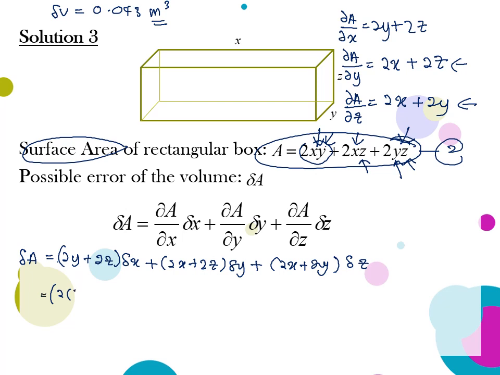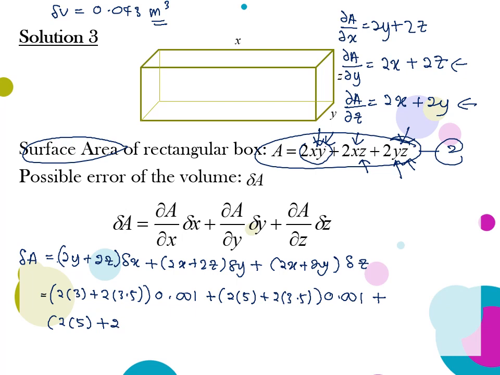2 times 3 plus 2 times z, 3.5, times delta y, which is 0.001, plus 2 times x, which is 5, plus 2 times z, 3.5, times 0.001, plus 2 times 5 plus 2 times 3 times 0.001.